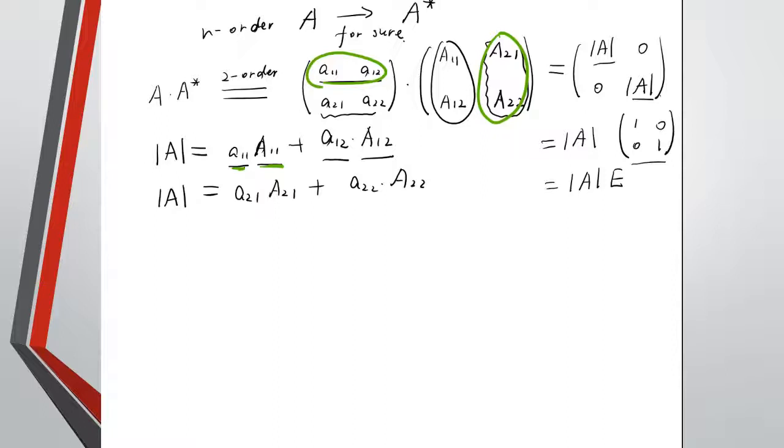Okay, so before we go, let's rewrite this adjoint matrix property again. So here we have the original matrix A, times its adjoint matrix, which looks like this, and like the inverse matrix, which has the commutable property. Yes, here we can also exchange the position of the adjoint matrix and the original matrix.